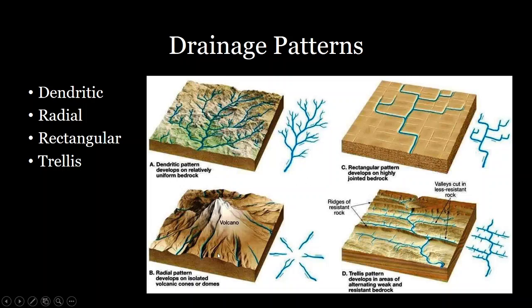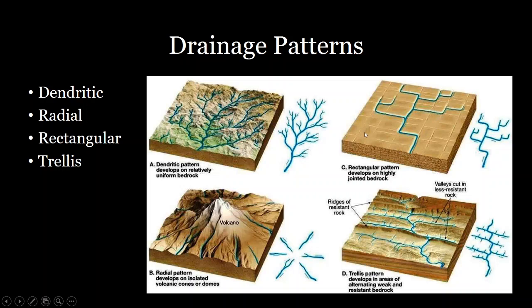Next, we can have a radial drainage pattern, and that's when you have a large mountain or large ridge that all of the river is flowing away from this point. For example, if you have like Mount Shasta, a big prominent mountain that doesn't have much topography around it, and you just have water that's flowing out from that center point here.